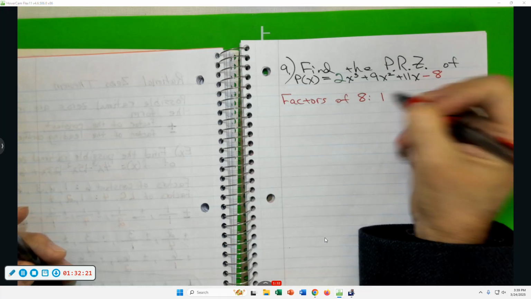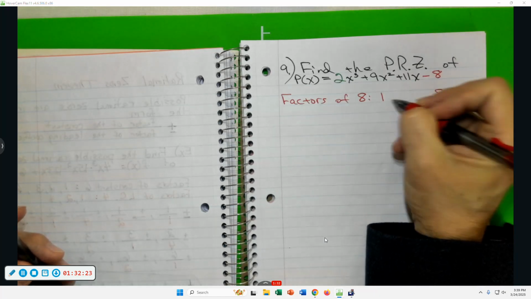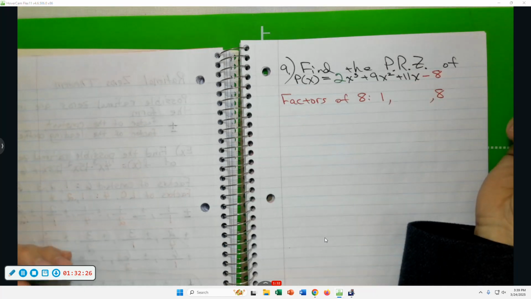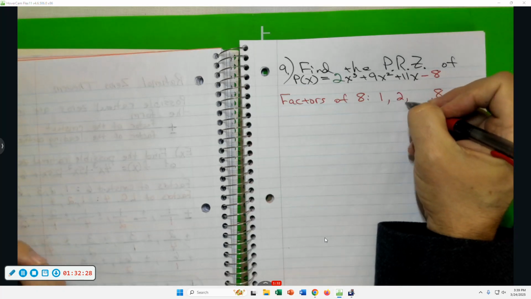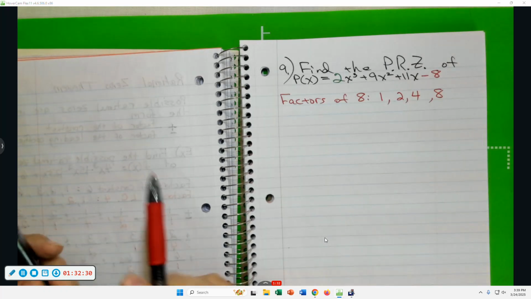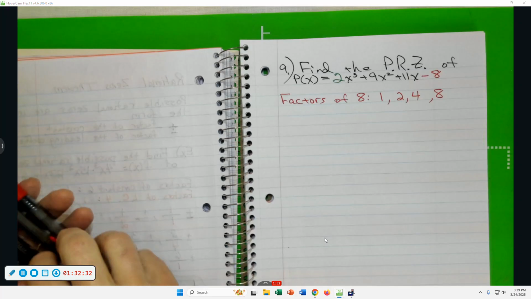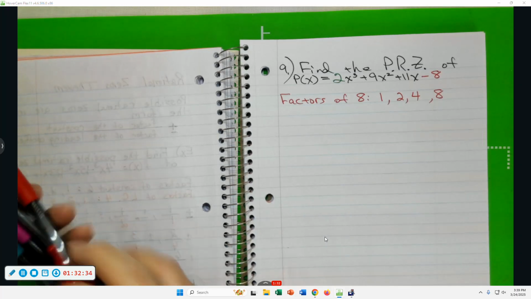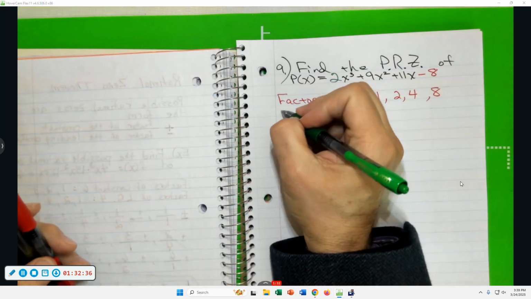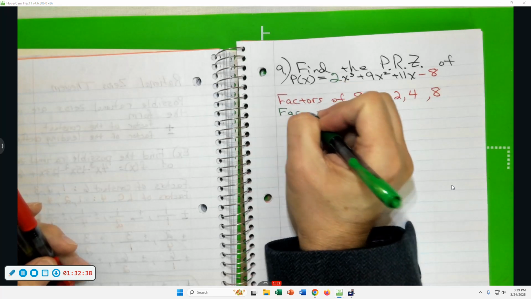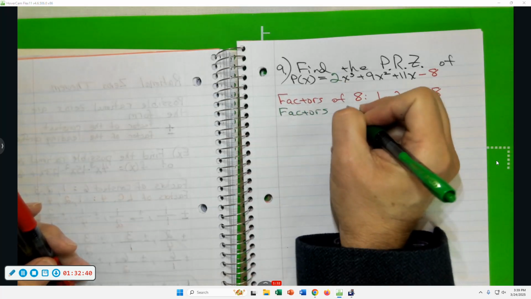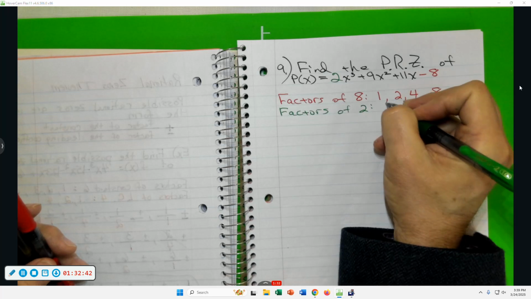So that would be a 1 times 8. What else? 2 times 4. And that's it. Now we need the factors of the leading coefficient, so the factors of 2. Only 1 and 2.